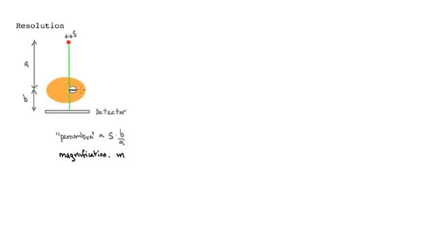In the patient, this object has some physical size, let's call it little r. And then if you draw a ray line down here onto the detector, you can see it's much bigger on the detector. So I'm going to call that big R, the dimension on the detector. So by similar triangles, I get r over A is equal to big R over A plus B, right? And I can rewrite that.